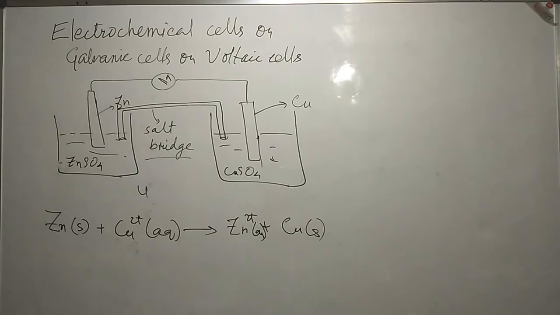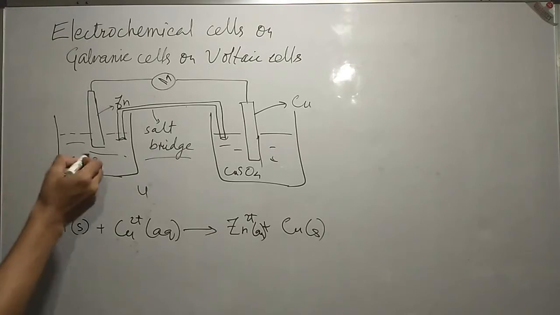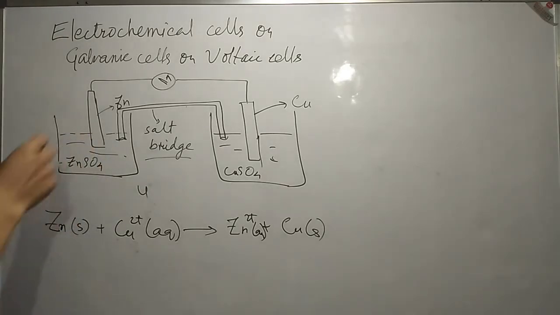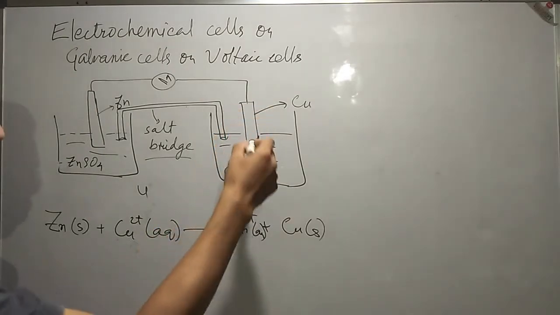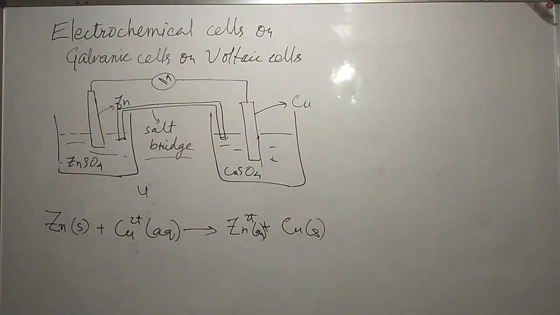So let's proceed. Now when the circuit is complete, the zinc rod will gradually lose its weight. The concentration of Zn2+ will increase in the ZnSO4 solution, whereas in the other beaker, the weight of the copper rod will increase and the concentration of Cu2+ in the solution will decrease.